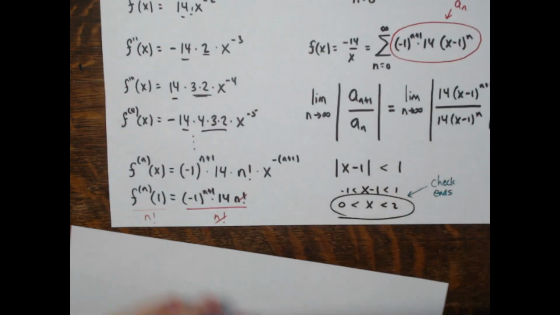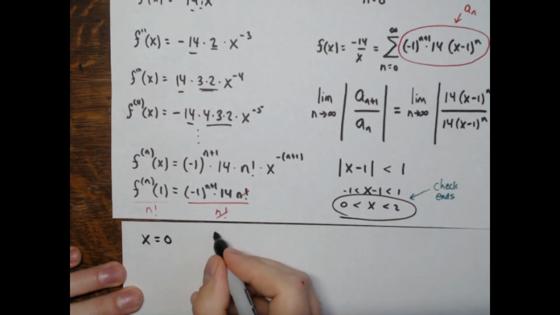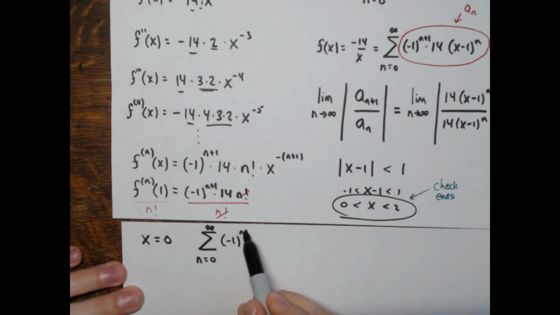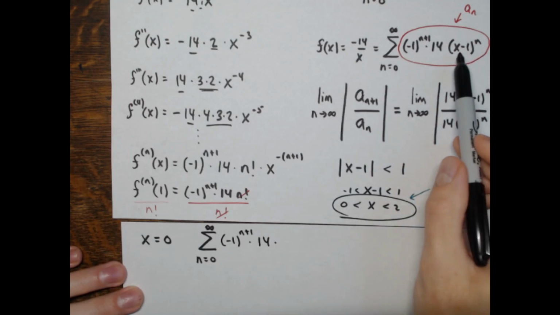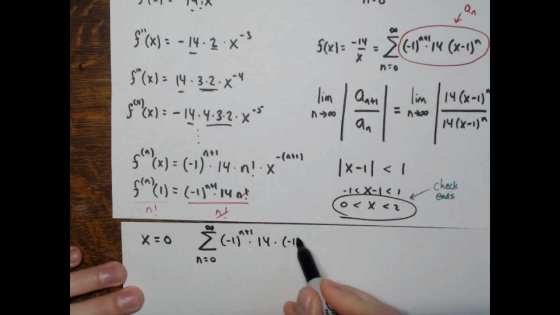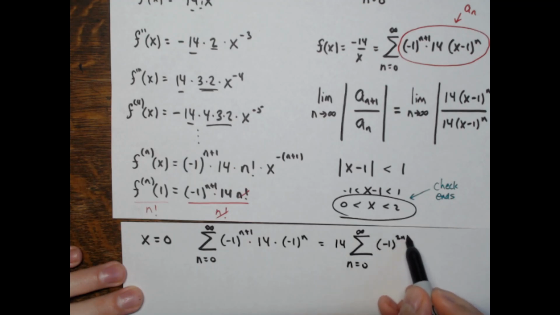So when x equals 0, here's what our sum looks like. Got the sum from n equals 0 to infinity of -1 to the n plus 1 times 14. And then now when x equals 0, this becomes -1 to the nth. And I can pull the 14 out of this. And then we'd have -1 to the 2n plus 1 power.